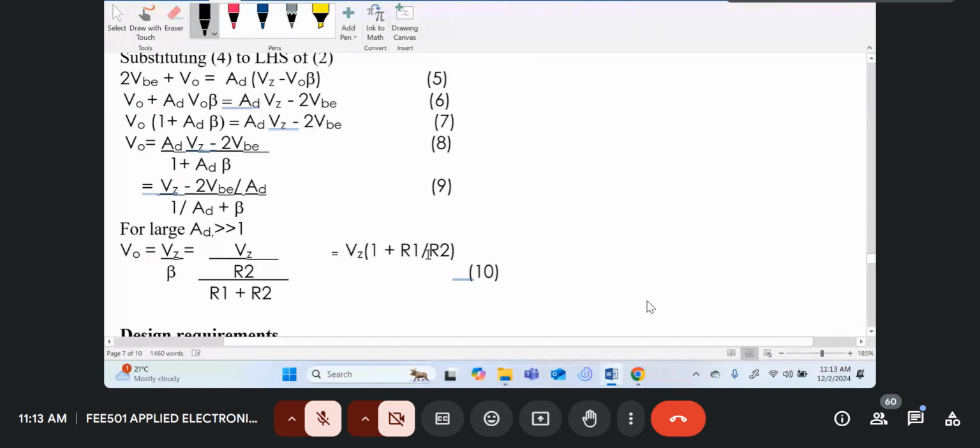And if you look at equation 10 over here, you can see that V naught is independent of V in. V naught is independent of RL. V naught is only dependent on VZ, R1, and R2.